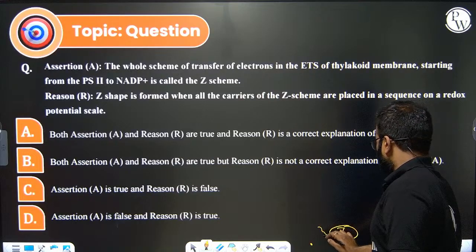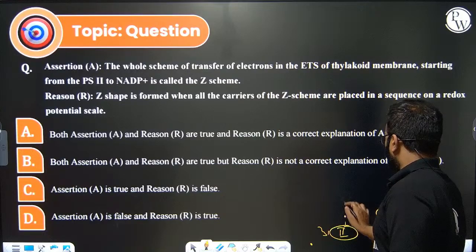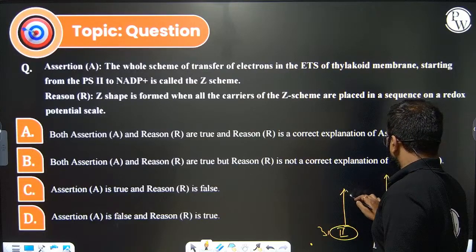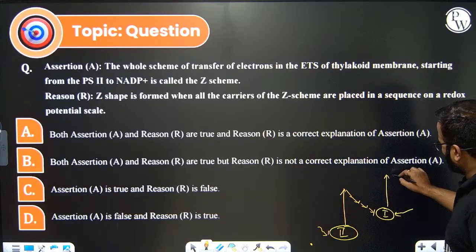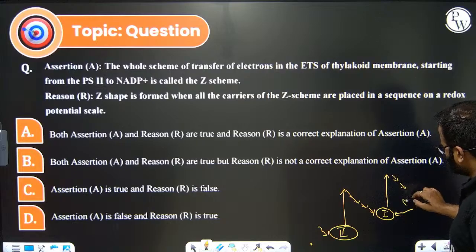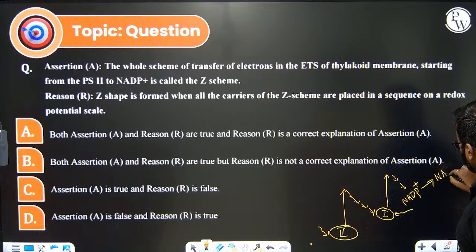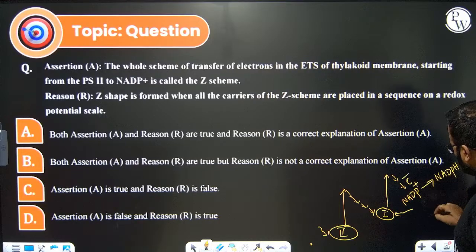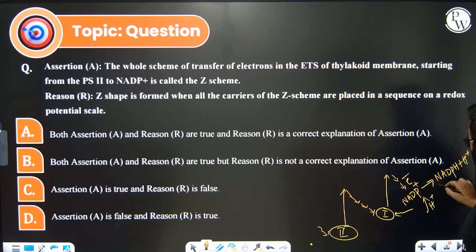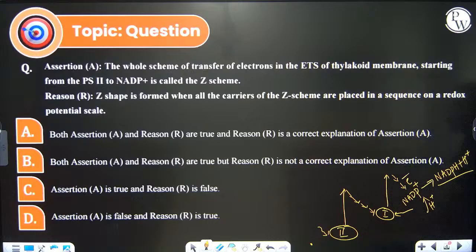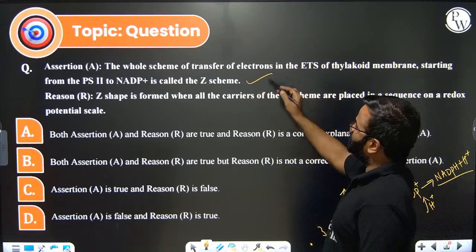When sunlight falls on both the photosystems, they get excited, and through the series of electron carriers, the electrons reach photosystem 1, and from here finally the electrons reach the NADP plus, so that it will be reduced to NADPH plus H plus. So it accepts electrons and it also accepts protons. First assertion as a statement, it is true.